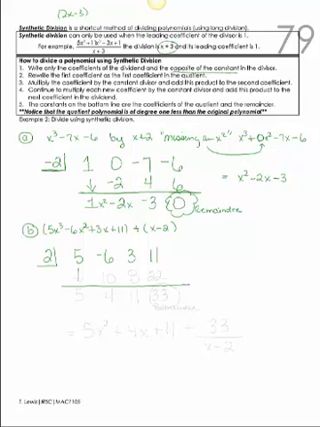All right, starting with the 5. Bring it down. Multiply, carry over to the next column, then add. So we have 5 times 2, 10. Add the 10 to the negative 6, which is 4.